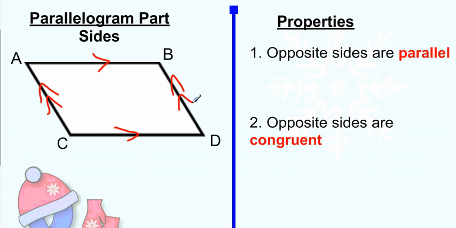Okay, two, the opposite sides are going to be congruent, which means that AB is going to be congruent to CD, and AC is going to be congruent to BD. Okay? Remember, we will have to have these properties memorized. The quicker you get them locked in your brain, the better.